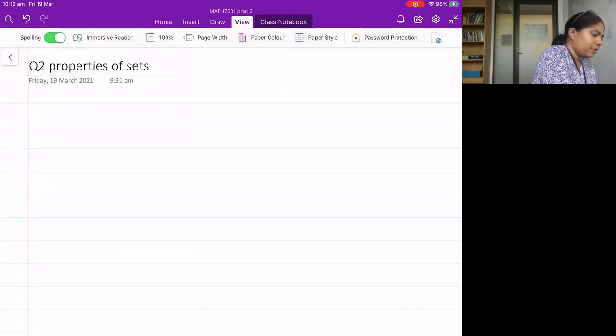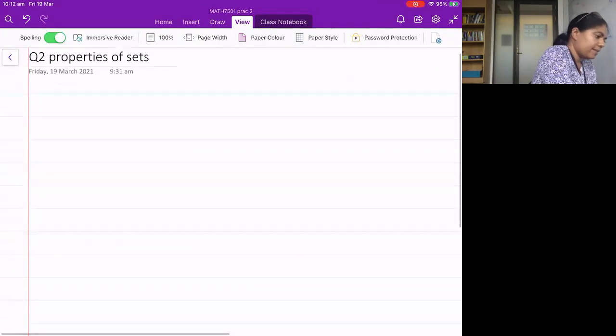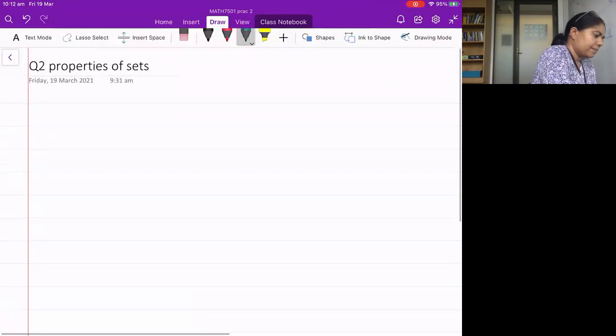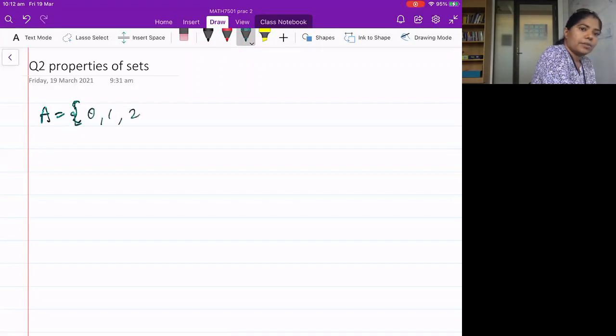We are given sets A and B. Again, similar method. A is 0, 1, 2, 3. B is 1, 2, 4.